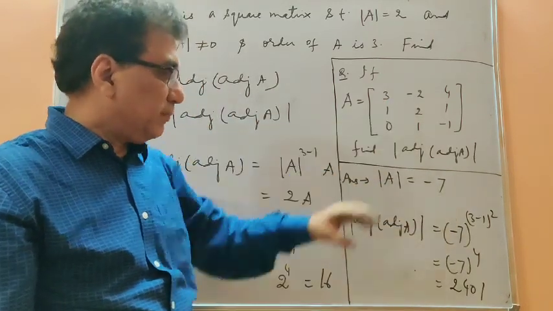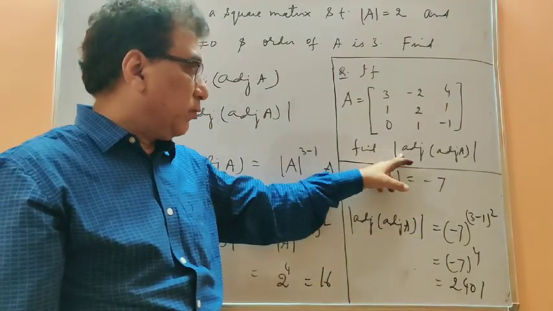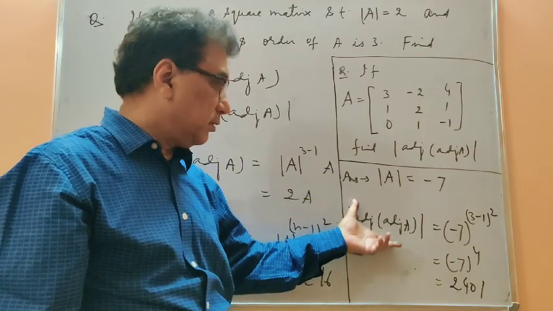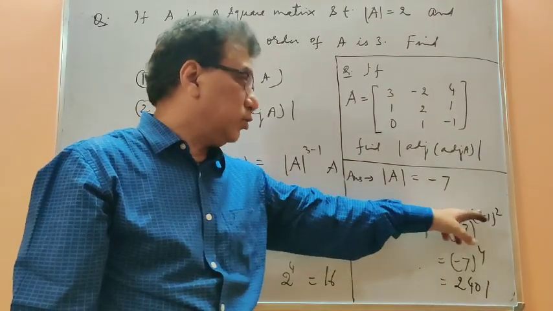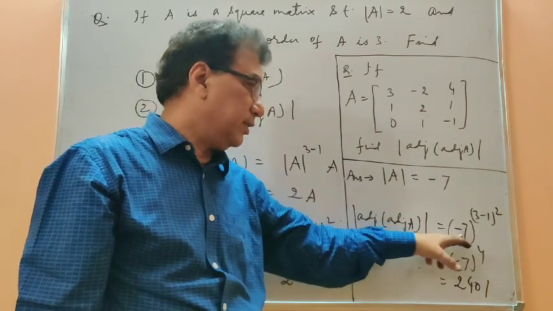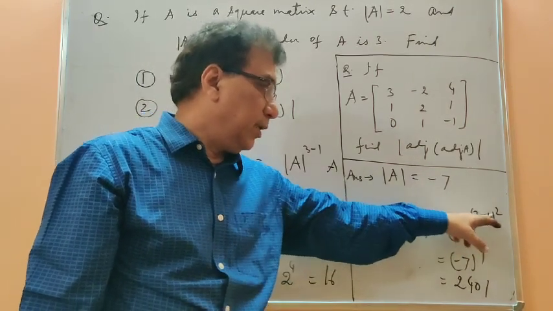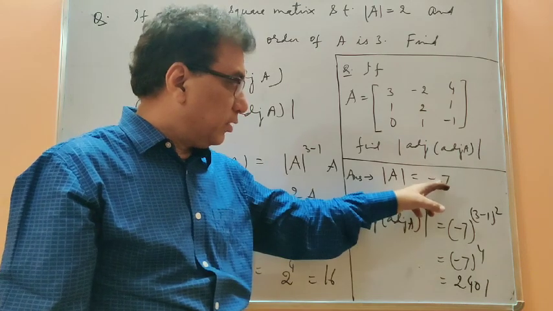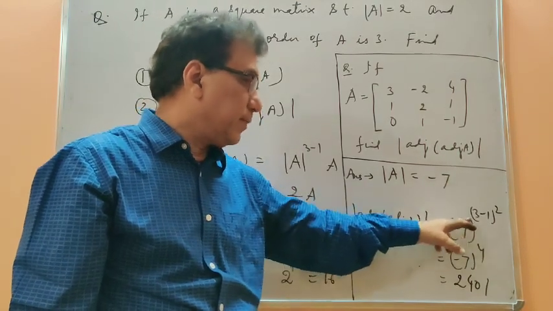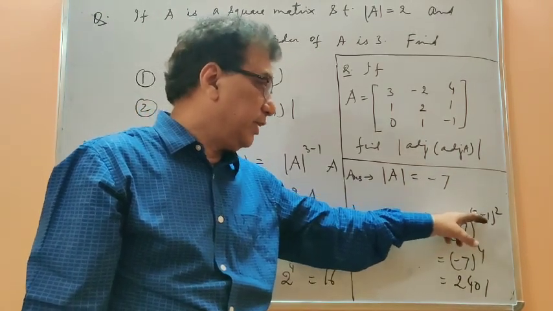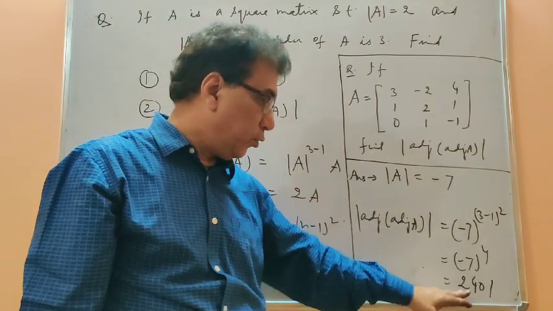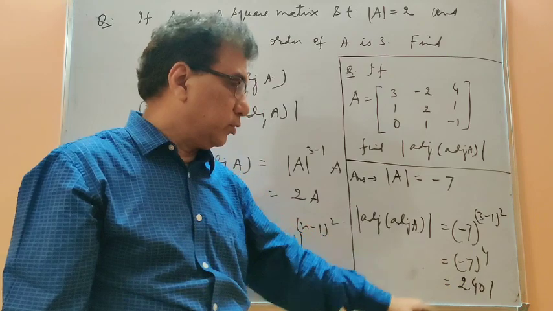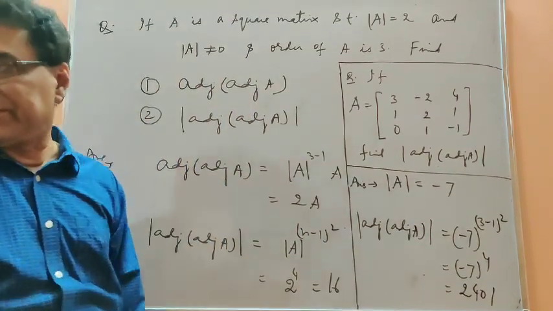Now we are going straight away for this value. So this stands for determinant A to the power n minus 1 whole square. Determinant A should be written here. Power is n minus 1 whole square. So for determinant A, I have written minus 7, and n stands for 3. So it is 3 minus 1 whole square. And finally minus 7 to the power 4. The answer is 2401.